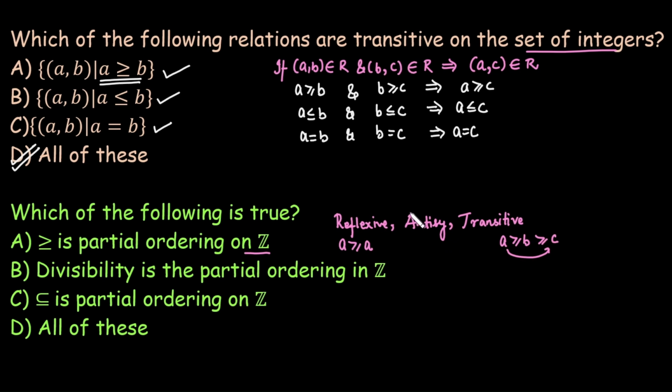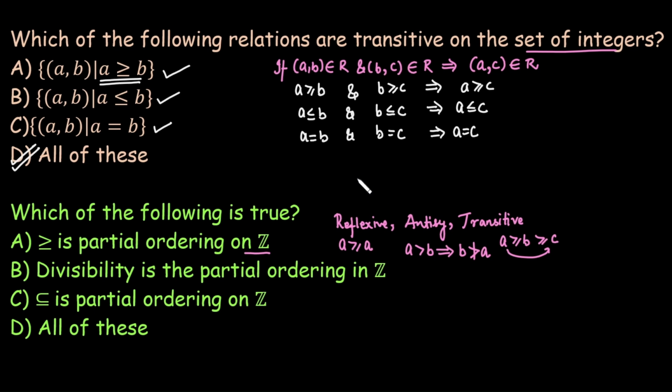What about antisymmetric? How to check that one? In antisymmetric, we can avoid the equality and directly deal with the inequality. If A is greater than B, does this imply B is not greater than A? If yes, then it is antisymmetric.